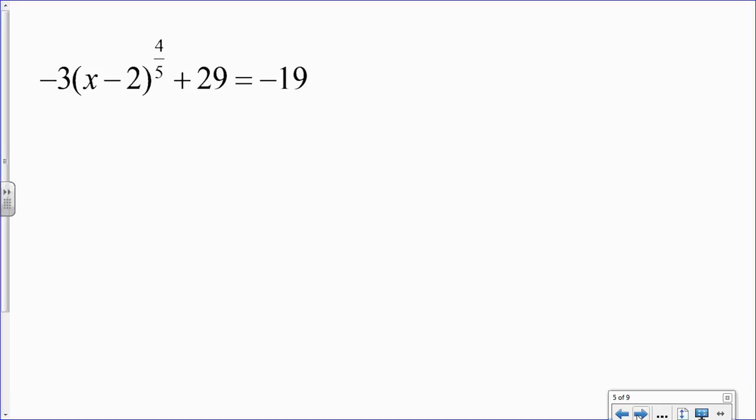Okay. So, what should I do first? Yeah, subtract the 29. That's negative 48. And then what? Divide by negative 3.